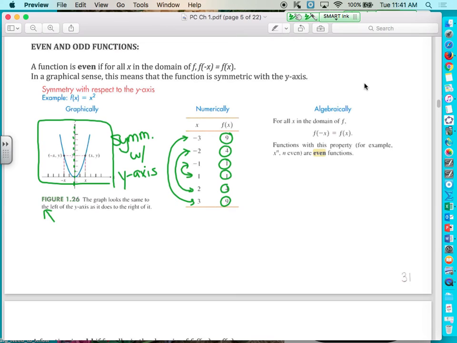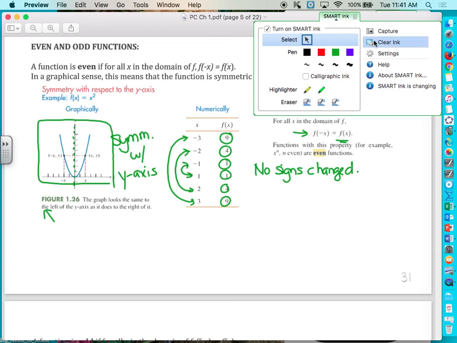Algebraically, if you plug a negative in for x, you end up with the original function, or I like to say, no signs changed. The function looks exactly the same as what you started with. We'll go through an example so you can see what that means when you plug a negative in for x and get that outcome where no signs changed.